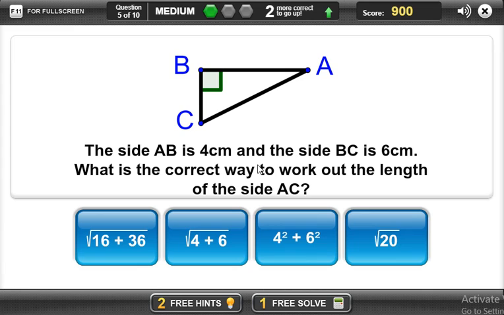What you have to do to work out the length, now we're not looking at the length squared this time as in the previous one, we're just looking at the length, so we're going to have to take the square root. To find a length, we have to take the square root. Okay, so we have to take the square root of the other two sides squared. So we've got 4 squared, which is 16, and 6 squared, which is 36, and we're taking the square root of that, so it's this one here.